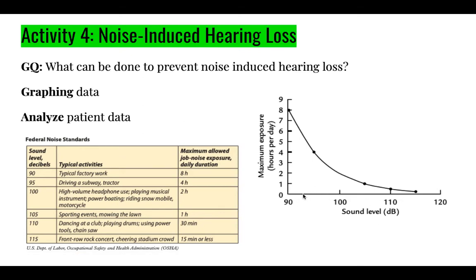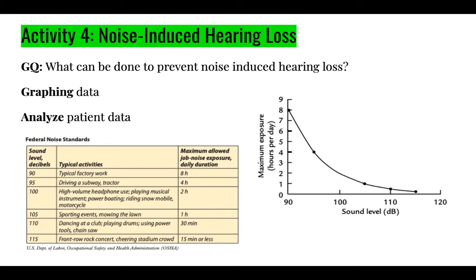As I increase the decibel loudness of the sound, I can listen to it for less time to manage the health of my ears. So as sound level increases, maximum exposure decreases.